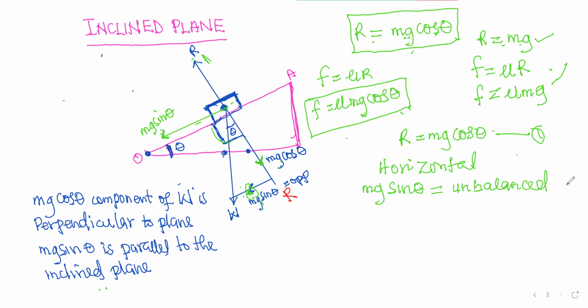Because of this unbalanced force on the inclined plane, that is why bodies always accelerate down an inclined plane.